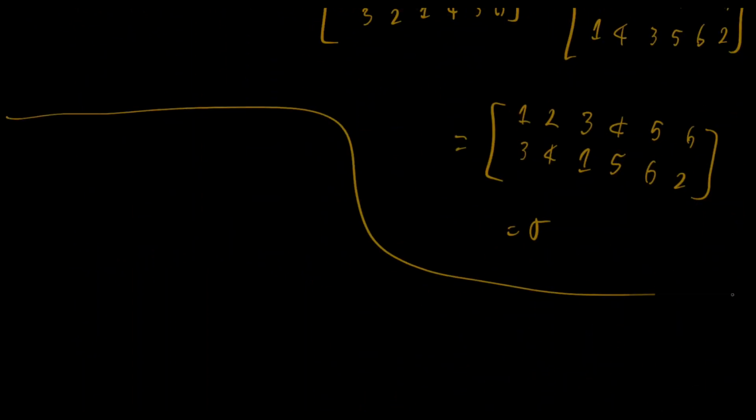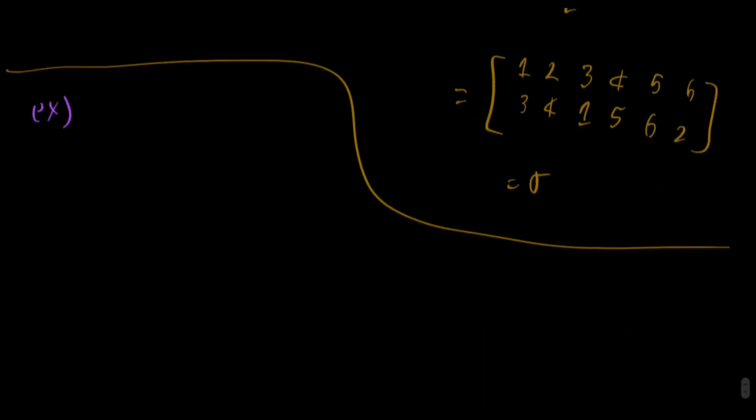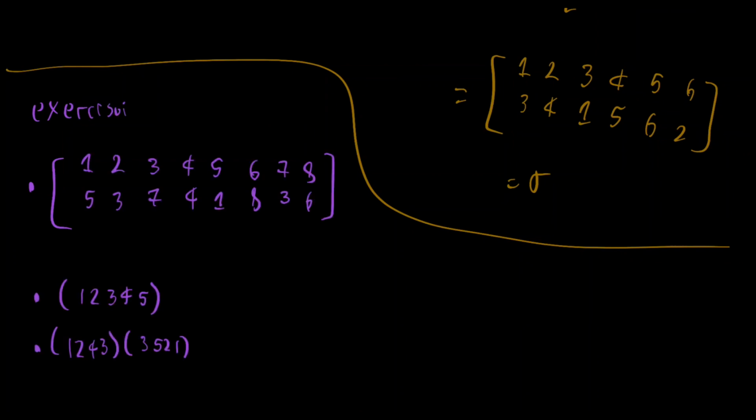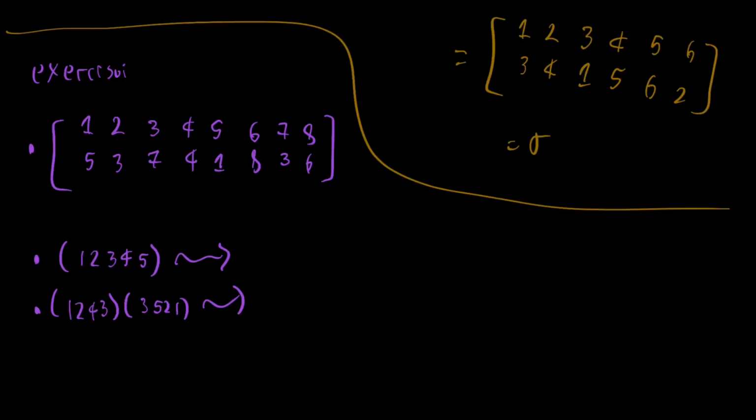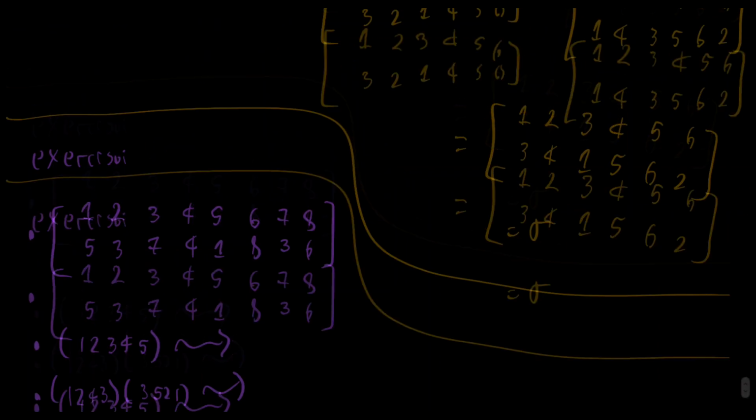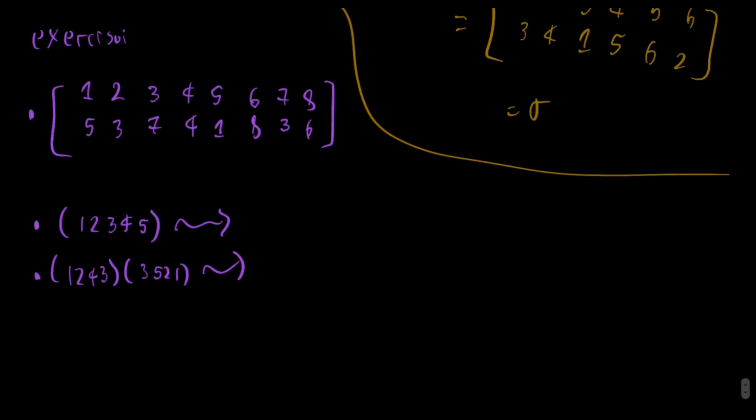And now as an exercise, you can try to, for example, write the following permutations as a product of two cycles. And also another thing that I want you to ponder about is that the decomposition of a permutation into two cycles is actually not unique.